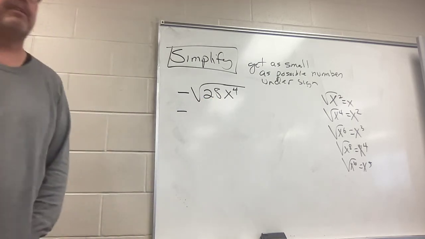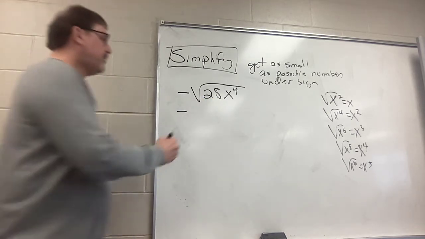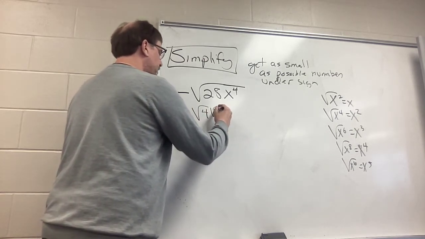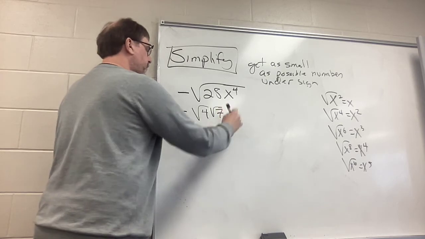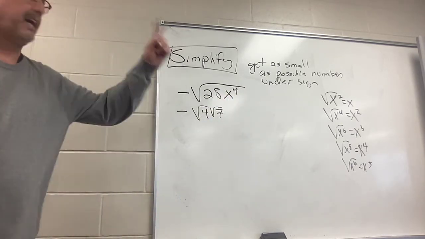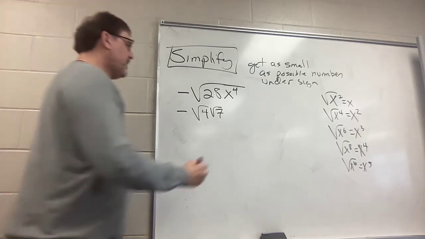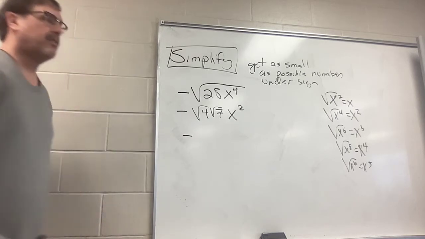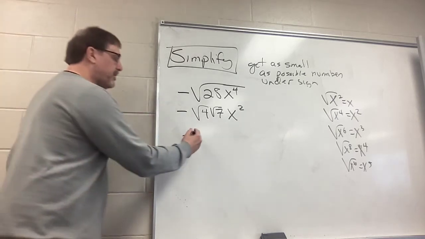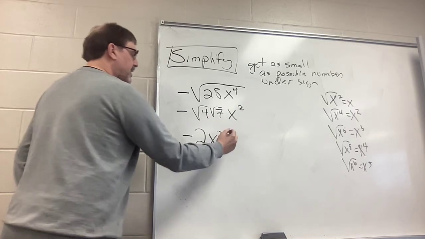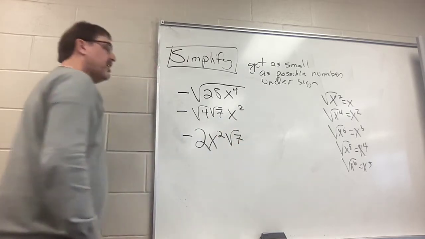The number part. 4 goes into it 7 times. Is x to the 4th going to become something without a top on it? It's going to become a regular x to the 2nd. All right, how we like to write it is the number first with no hat on, any letters with no hat on, and then the people with the hat have to sit at the end.